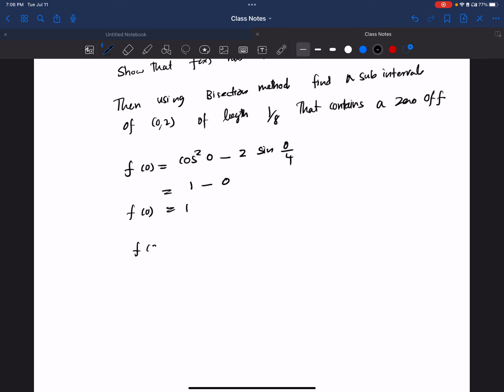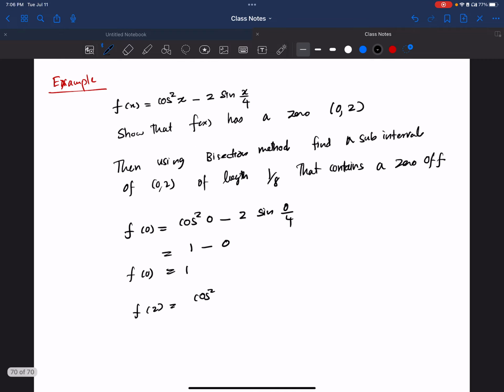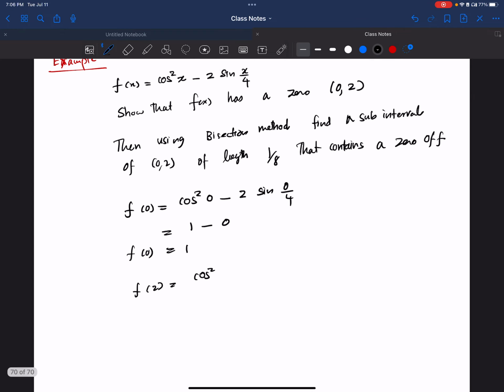Then f of 2. When you plug in the numbers in your calculator, it should be in radians. When you solve this, you'll see that it's negative 0.786. This is less than 0. This is greater than 0.